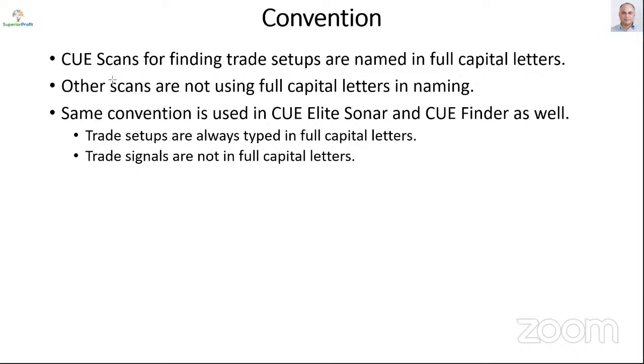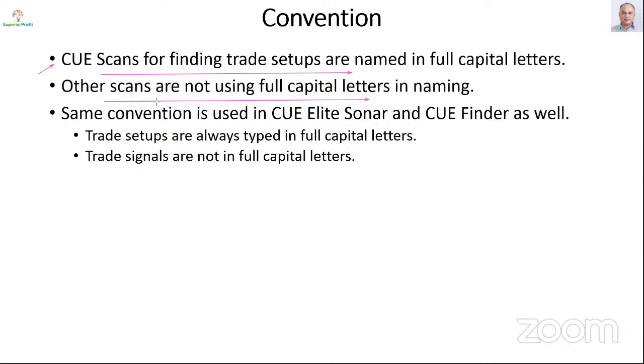Convention. Q scans for finding trade setups are named in full capital letters. Other scans are not using full capital letters in their naming. So if we see the name has breakout in full capital, then we know that scan is for a trade setup.